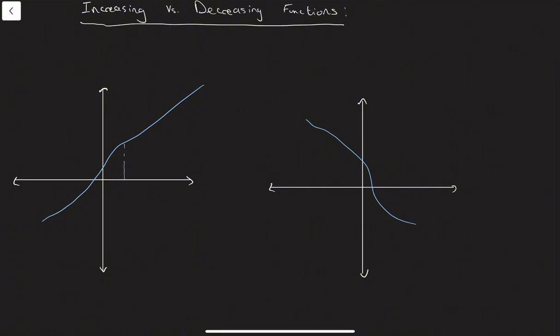Let's define, or let's use a different color. Let's define here as x1, here is x2. So this is f of x1, f of x2. If x2 is the next point, so following after x1, then if f of x2 is greater than f of x1, the function is said to be increasing.